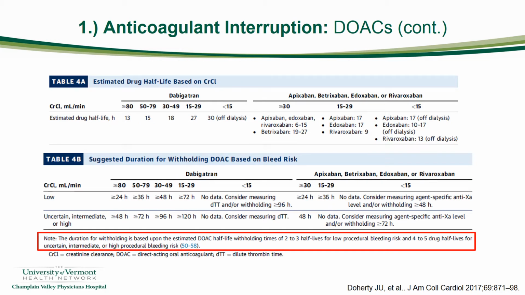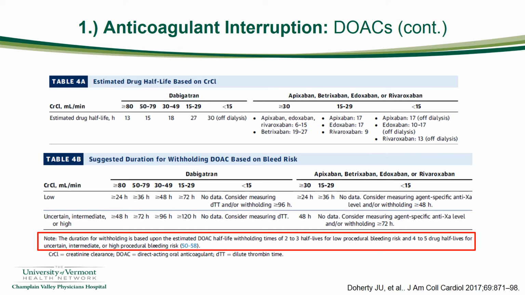So here we have two different tables that come into play when we think about withholding DOACs based on procedural bleed risk. The top table, A, gives an estimated drug half-life according to a patient's creatinine clearance, and it breaks it down based on specific agent, whether it's your dabigatran or your direct-acting oral Xa inhibitor.